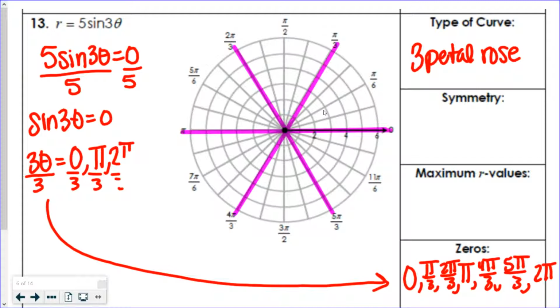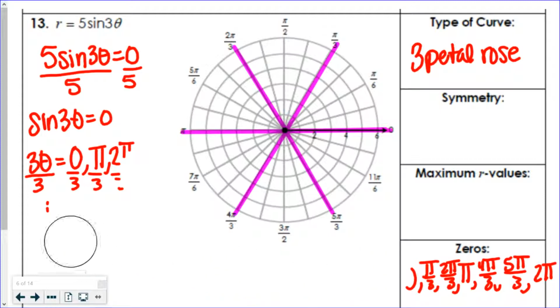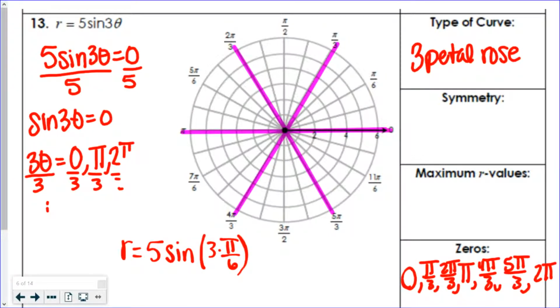So first, let's figure out pi over 6, what is my R value? So at pi over 6, what is your R value? 5 sine 3 times pi over 6. Well, what happens to 3 times pi over 6?